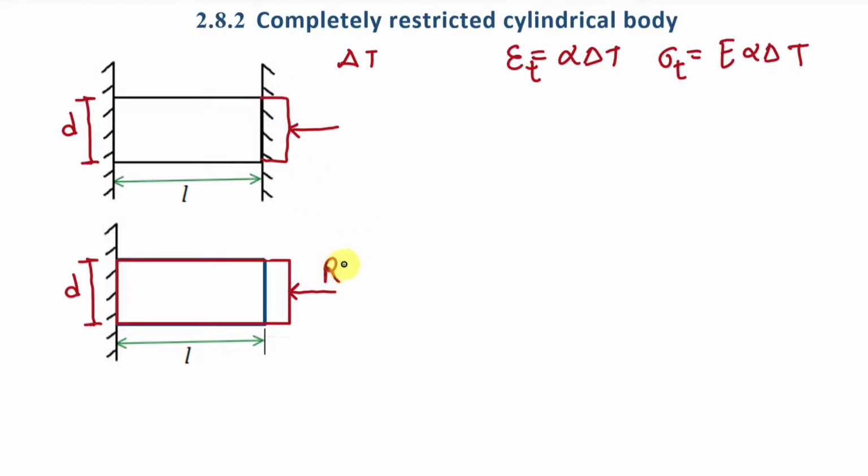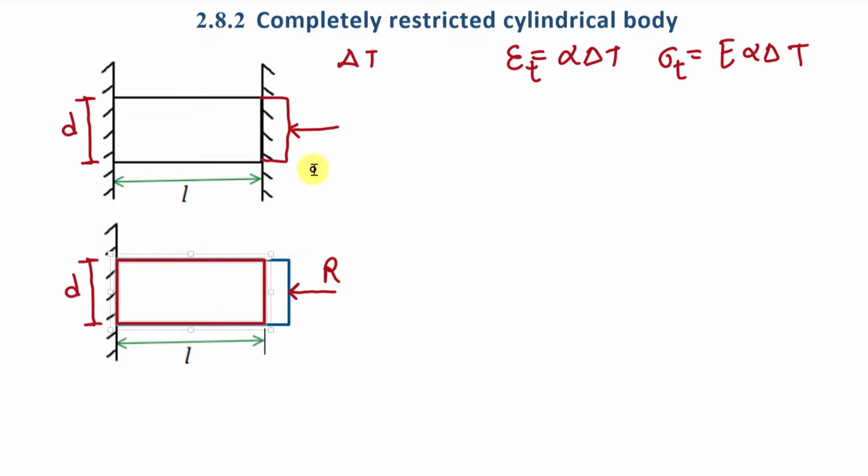And by applying this reaction, we are going to contract this body up to this surface. So due to this reaction R, this body is going to contract like this. And here it will be in its original position, right?